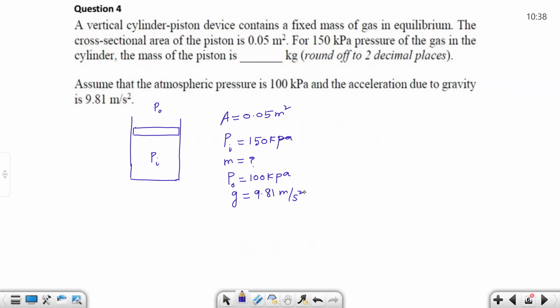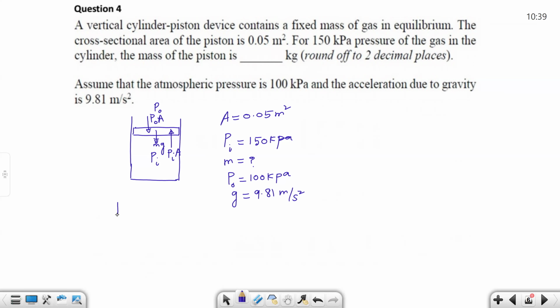Now if you take the force balance for the mass, mg will be acting downward. The pressure Pi into area of the piston will act upward. The pressure outside will act downward. So these are all the forces, and we need the mass m.